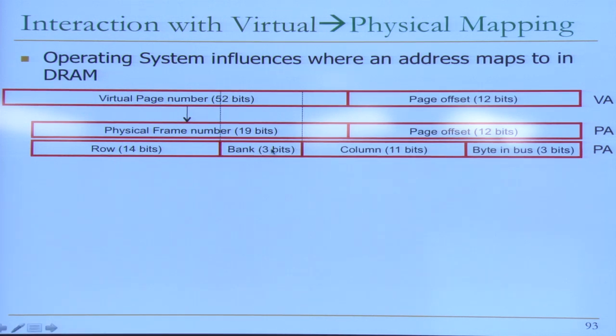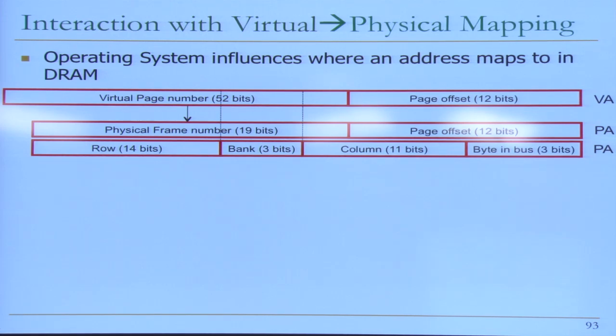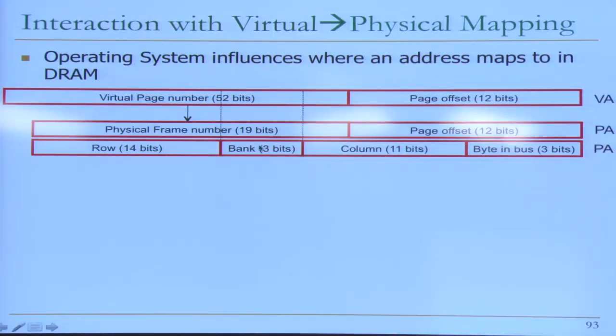We've seen this before, right? Remember page coloring? The operating system can do bank coloring in this case. The operating system can say, oh, I want these 2 applications to go to 2 different banks. So I'm going to color the banks. I have 8 banks, 8 different colors. And I'm going to allocate color 0, or red, I don't know, to this application.